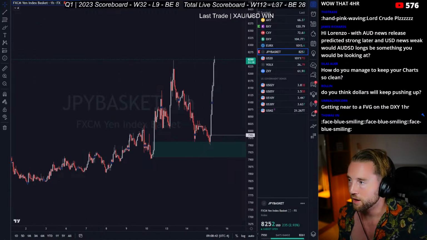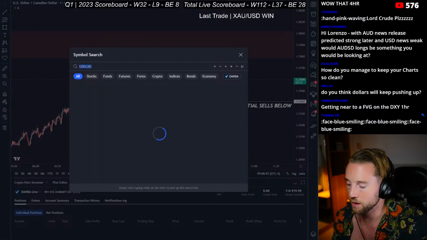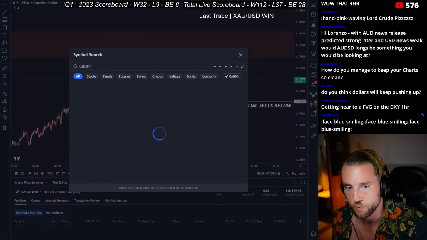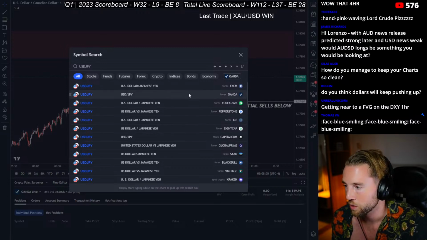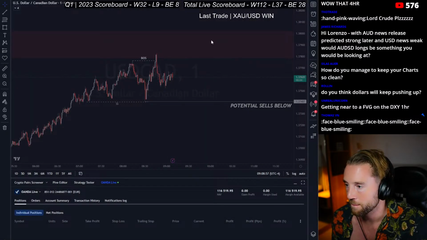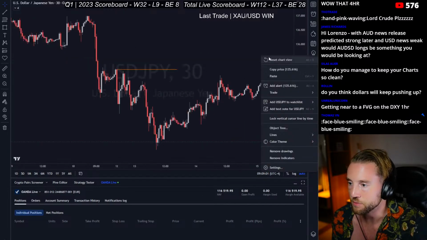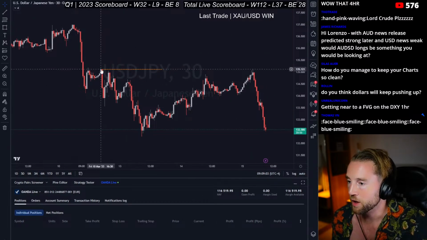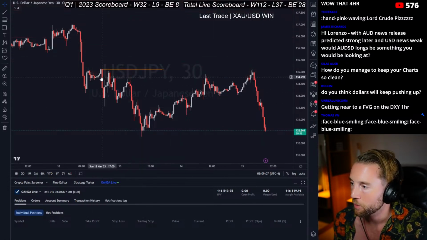And look at the yen, it's incredible. Let's look besides that, look at the US dollar Japanese yen here. Look at where it bounced from, guys. Like how accurate do you want to have it when looking at this right here?